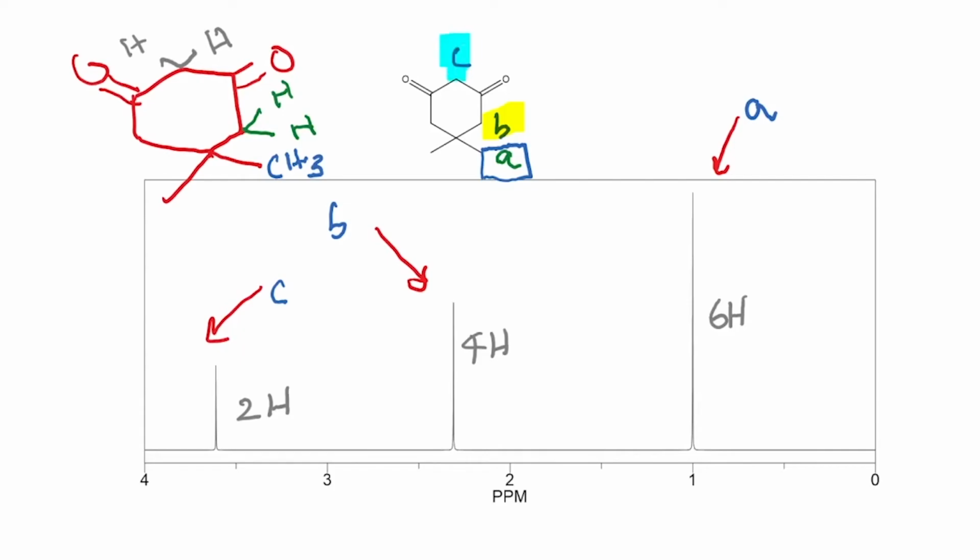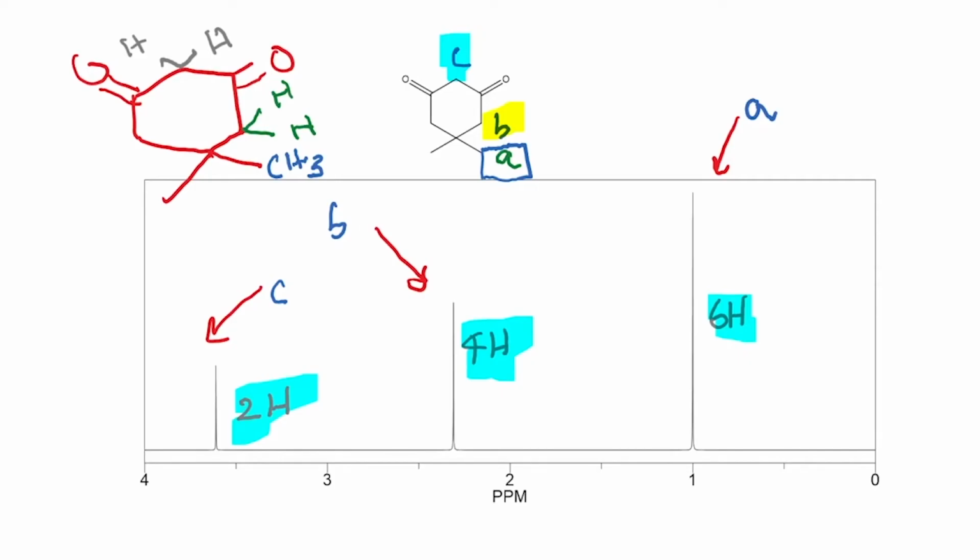So although this molecule has many hydrogens, 6 plus 4 plus 2 are 12 hydrogens, you will still see only three signals: one corresponding to 6 hydrogens, which is A, one corresponding to 4 hydrogens, which is B, and one corresponding to 2 hydrogens, which is C. This is the NMR spectrum that I would expect from this molecule.